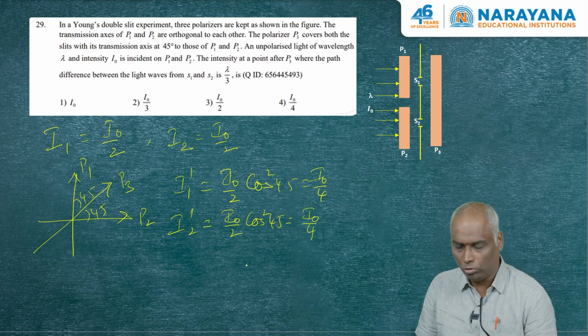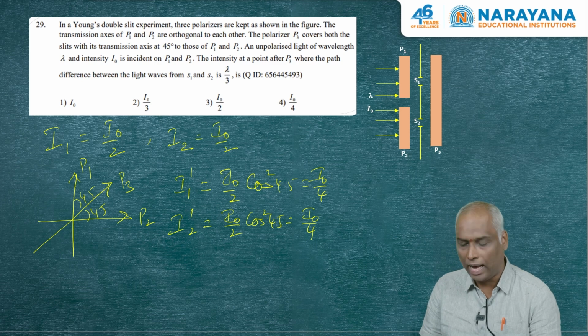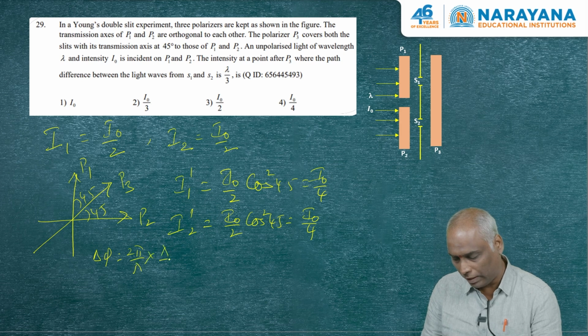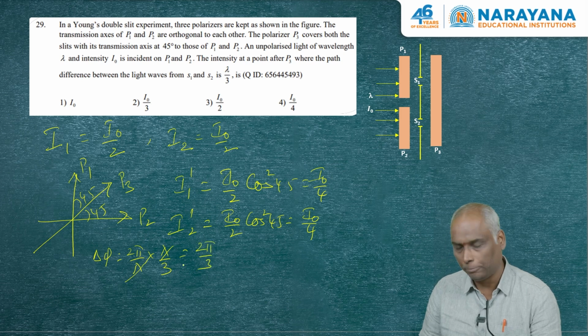Now these two lights have a path difference at a certain point, which is lambda by 3. So the phase difference will be delta phi equals 2 pi by lambda into lambda by 3, which equals 2 pi by 3.